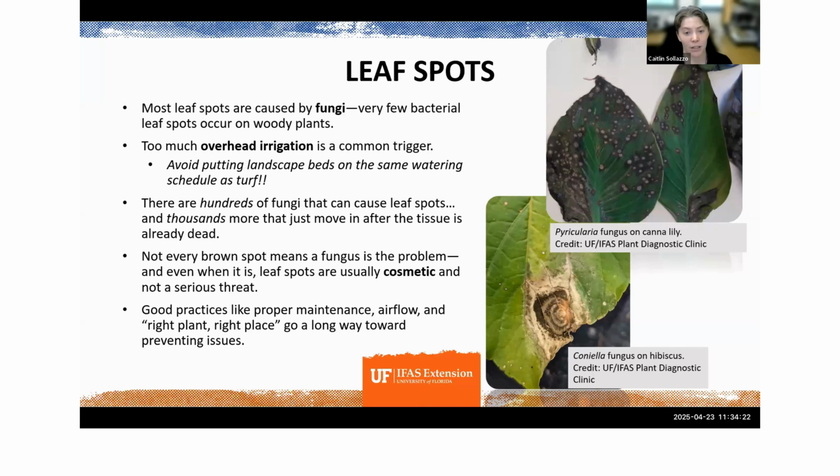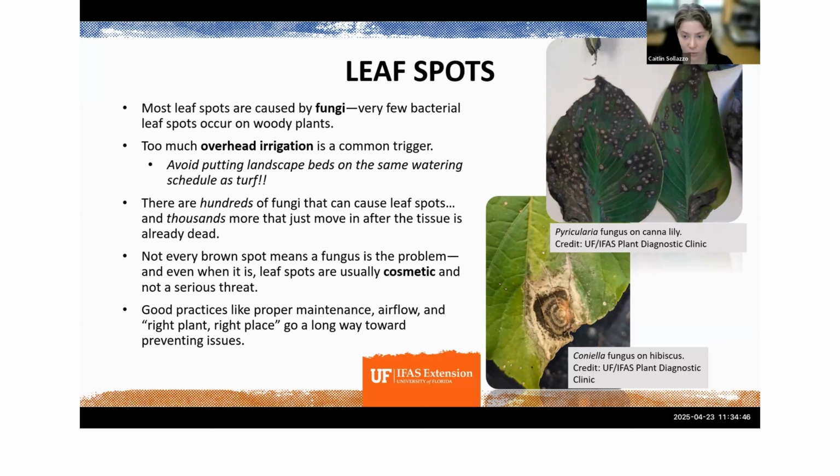Another important thing to remember, when we have leaf spotting pathogens or pathogens in the soil, there are hundreds of fungi that will cause leaf spots or other different types of diseases. But there's also thousands of fungi that will colonize dead tissue. So that makes it really, really challenging when it comes to diagnosing certain things.